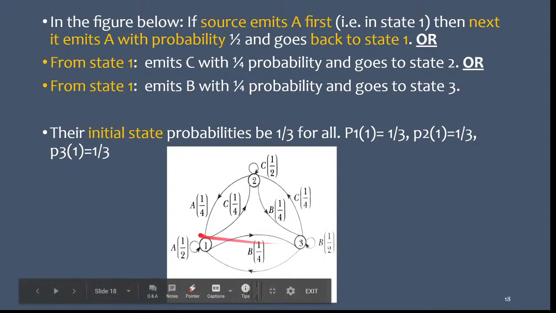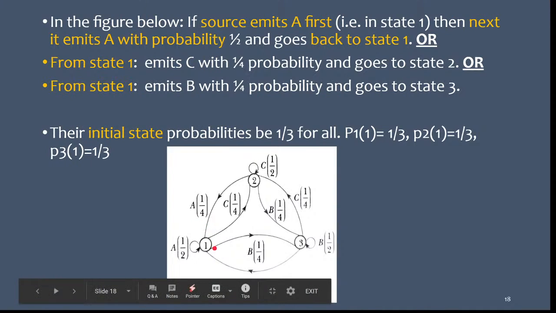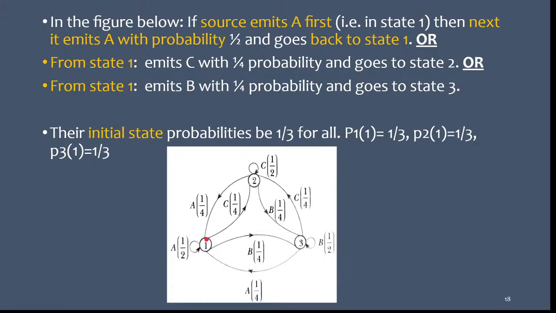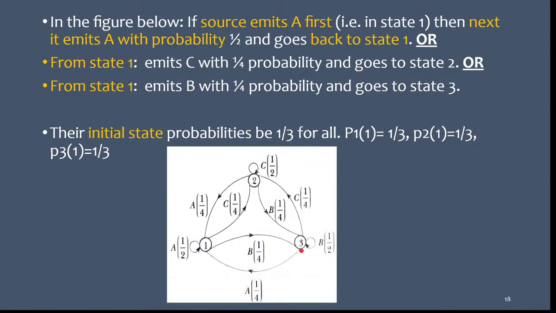That's a transition probability from where to where. Okay. And also we have another term here, that's the initial state probabilities. Initial state probabilities means what is the probability that initially the source is in state number 1 or state number 2 or in state number 3. What is the initial probability? So in this case, it is equiprobable.